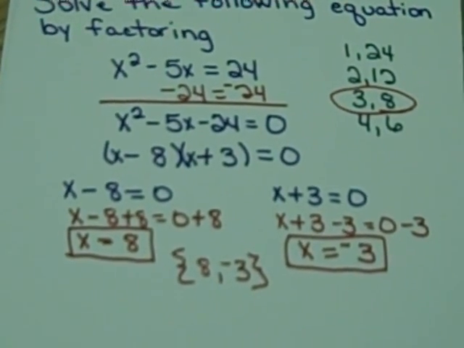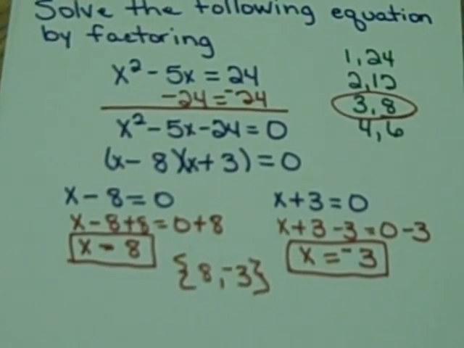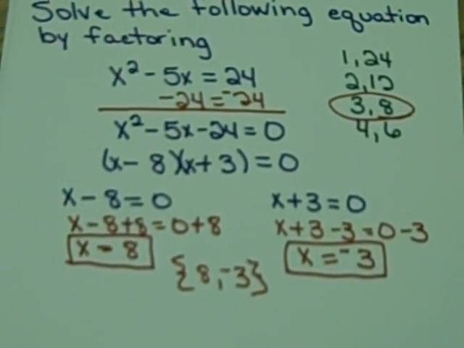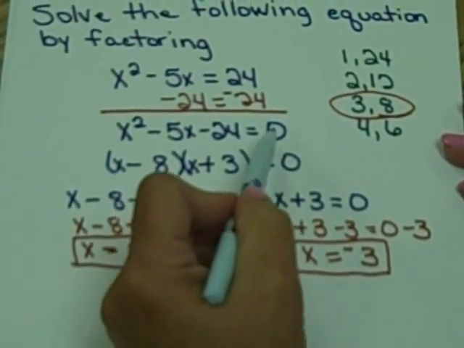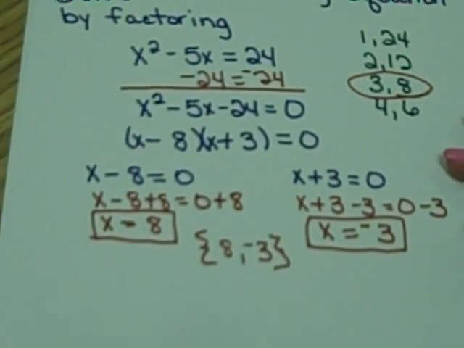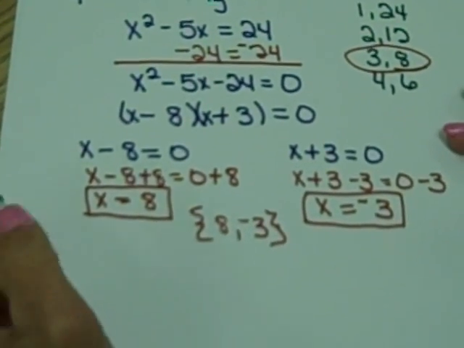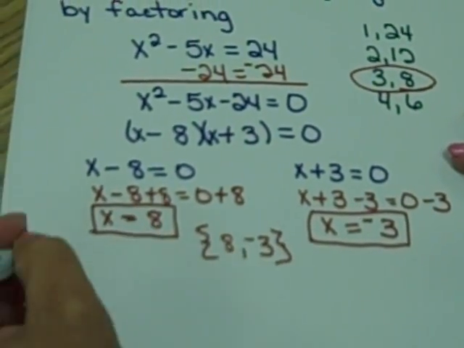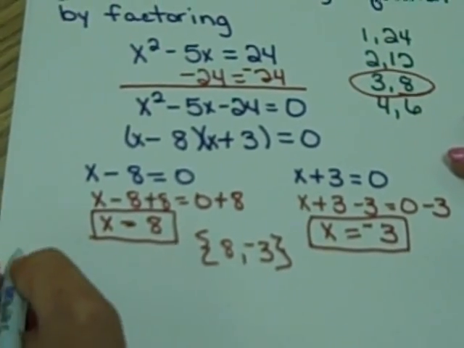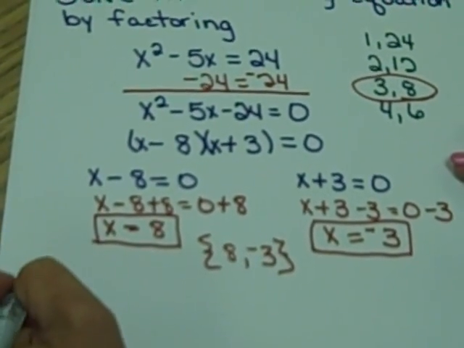Okay? Now, the only thing we have left to do is to check. And in order to check, we have to come back up here to our quadratic equation, and we're going to plug in each one of our numbers, our solutions, back into that problem for x.